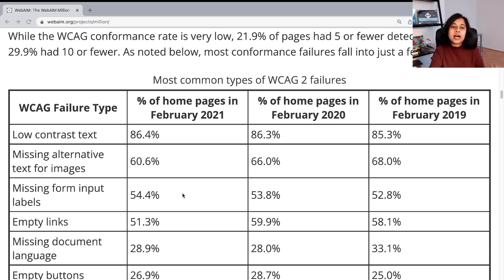If we see, the highest error is low contrast text, and the percentage has not changed much in these last 3 years. So this shows that a lot of work needs to be done in terms of making the web more accessible.